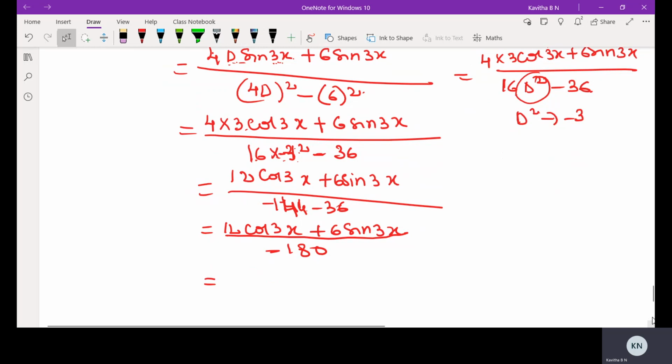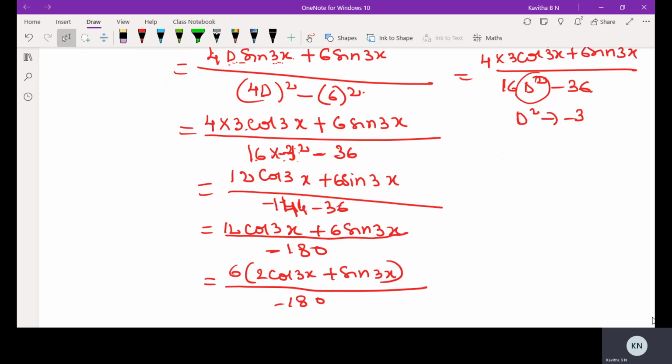Then take 6 common: 6(2 cos 3x + sin 3x) whole divided by -180.